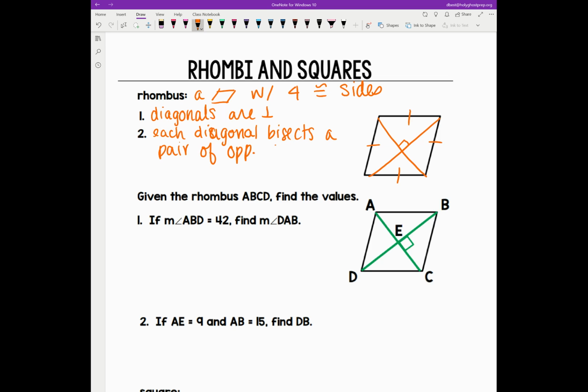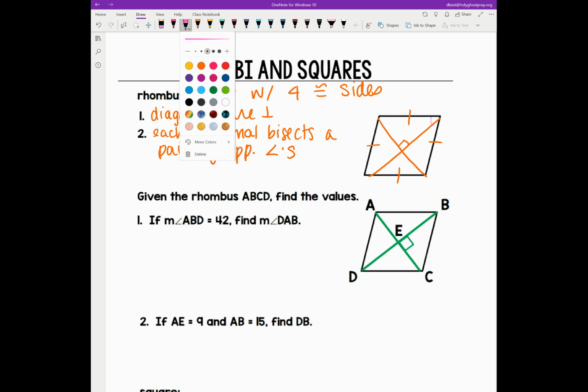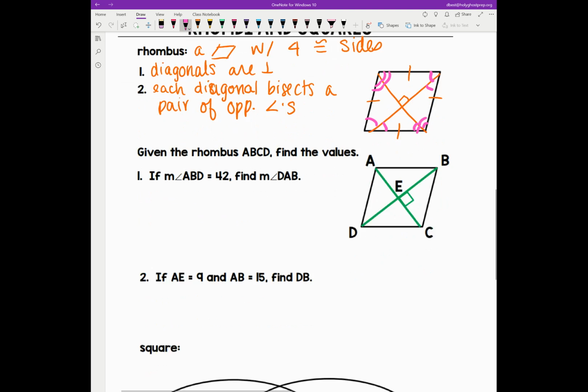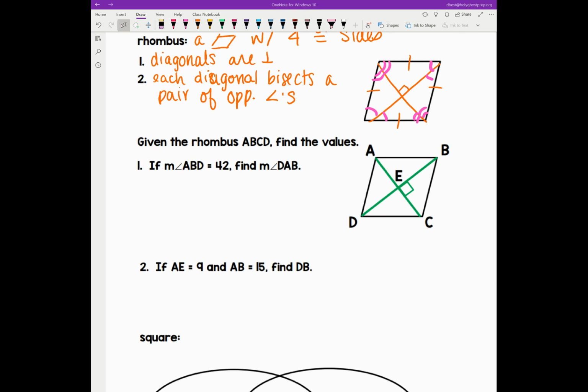So what that looks like on our picture is these corners are bisected by the diagonals.